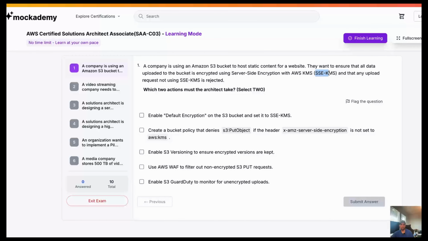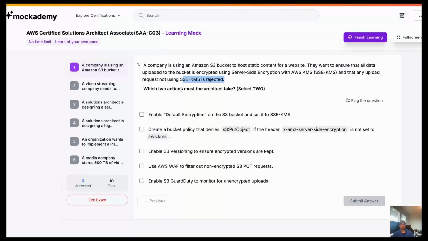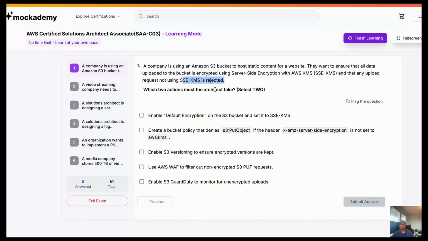So they're trying to use server-side encryption using KMS, and any request not using SSE-KMS is rejected. Which two actions must the architect take? Select two.